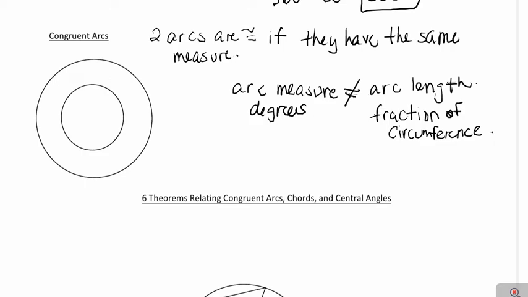So for example, if you look at the concentric circle diagram I have over here to the right, if I draw a central angle, I'm going to call this A, B, C, and then I'm going to call these points D and E. And let's just say that the central angle measured 40 degrees.